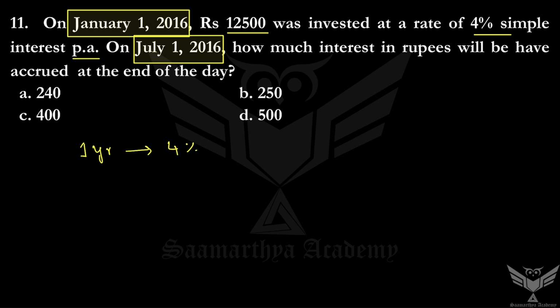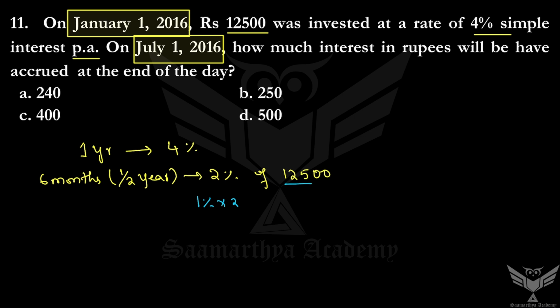And January 1 to July 1, it is only 6 months, or you can take half a year. For 1 year, it is 4%, means for half a year, it is 2% of the value 12,500. Now 2% is nothing but 1% twice. What is 1%? 125. Then what is 2%? 250. Done.